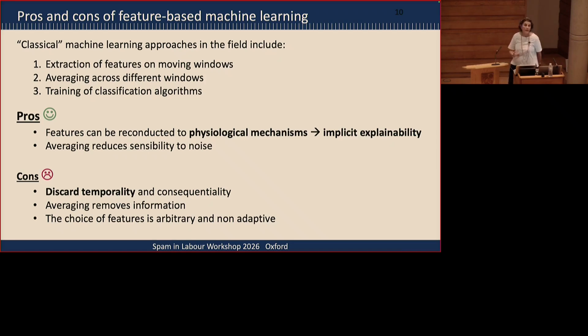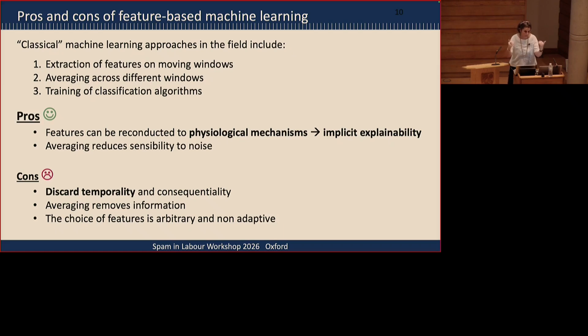What is negative, the main negative aspect, is that we discarded the temporal consequentiality. So time, what happens in time, is discarded by this approach. And if you think that from two cells to a baby, there are 40 weeks.